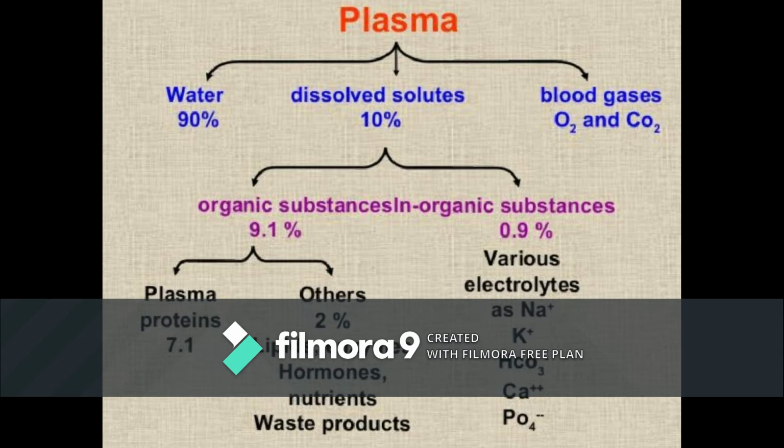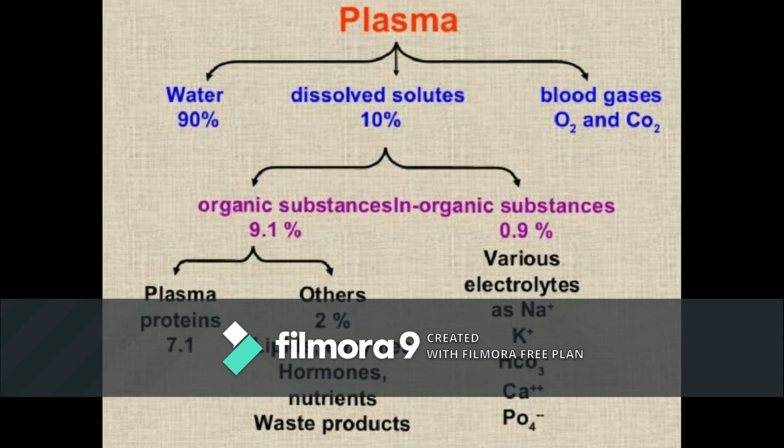Waste products: urea, uric acid, serotonin, ammonia, bilirubin, lactic acid. What is the function of urea, uric acid, serotonin, and ammonia? They are excreted by the kidneys. Bilirubin's function is as a breakdown product of erythrocytes.